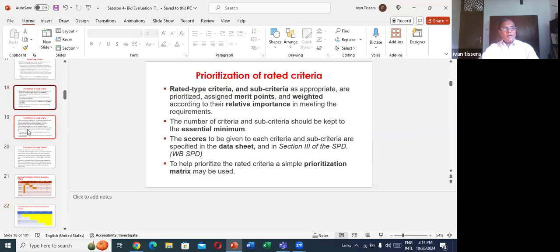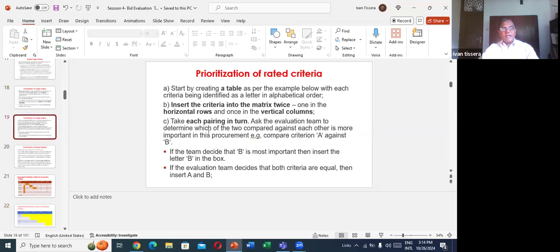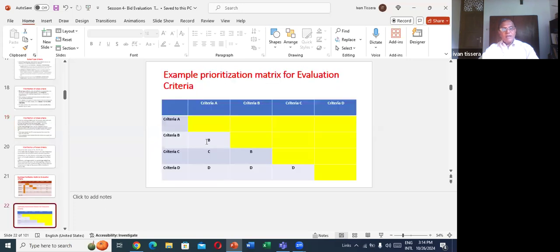Then they say take a point in turn, ask the evaluation team to determine which of the two compared against each other is more important in this procurement. Example, compare criterion A against B. If the team decide that B is the most important, then insert the B. That's how we put B here.